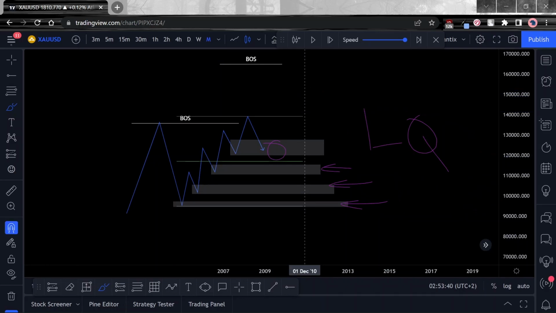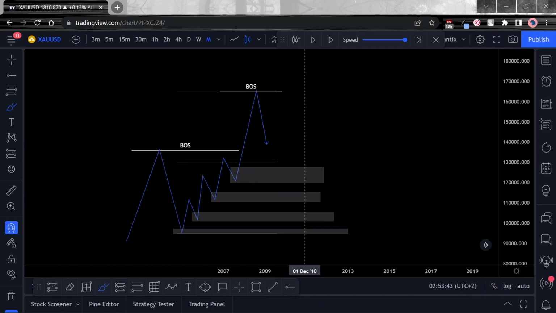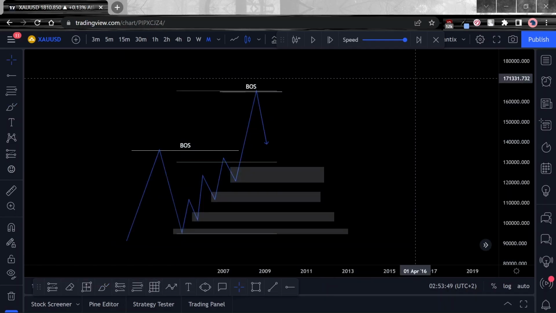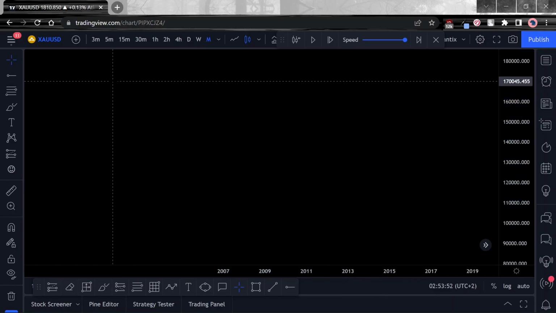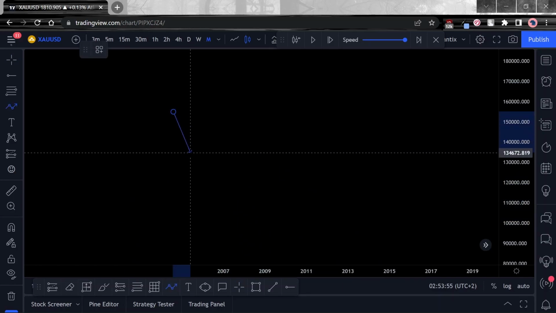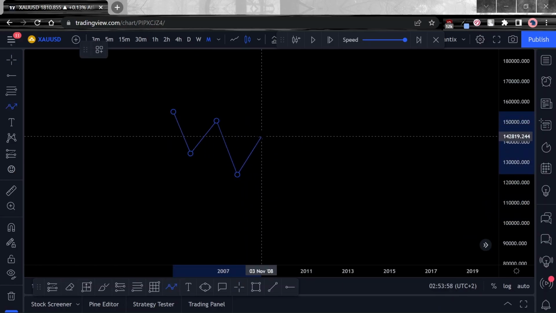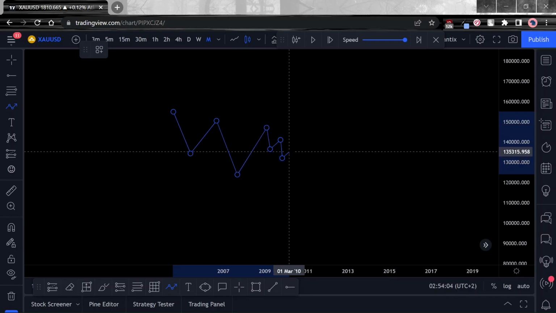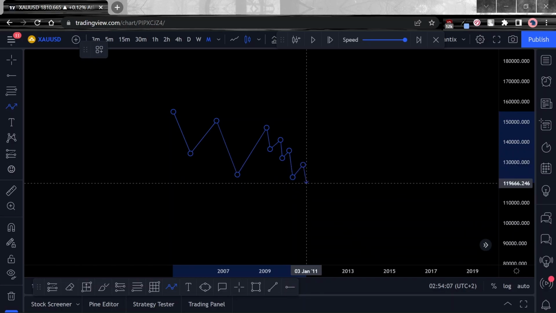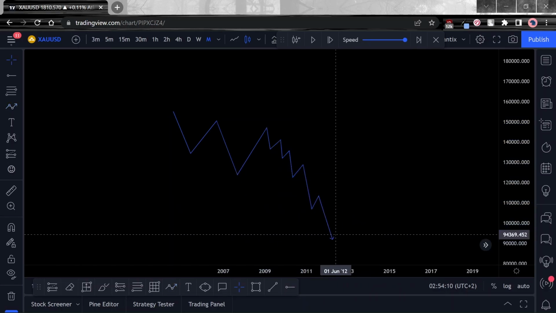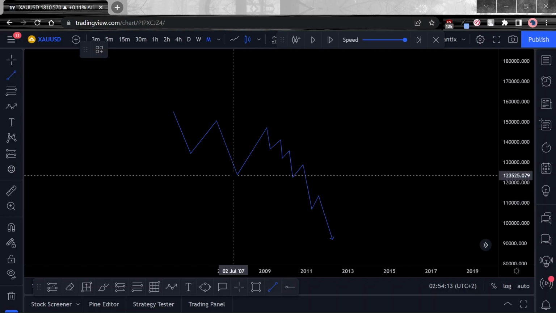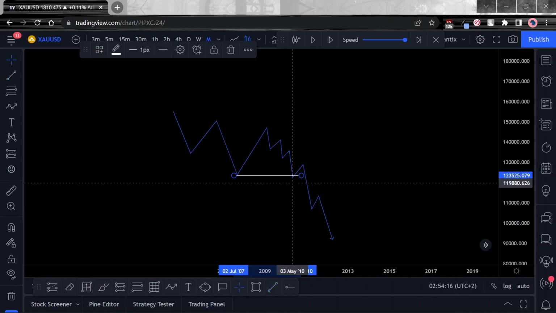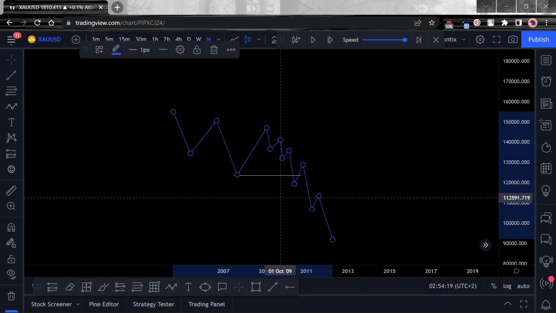Now let's look at a scenario where we are trying to be selling by doing this. Let's get rid of everything like that. So we've got price coming down, and then as price comes up like this, we get this sort of thing going on, and we've got our break of structure right there.